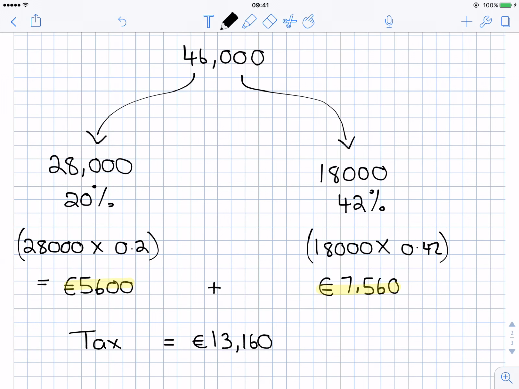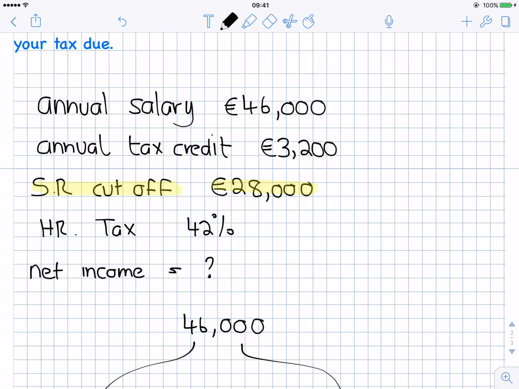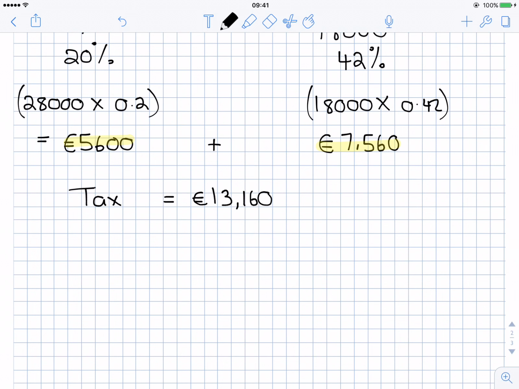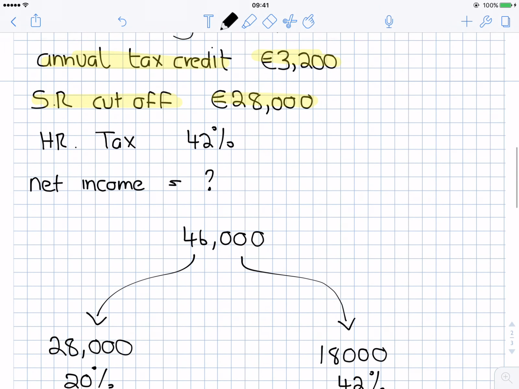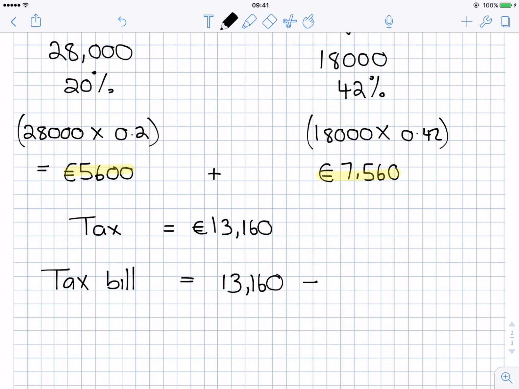But do you remember that she had a tax credit? She had this credit here. So you can think of this as her already having paid €3,200. So if she's already paid €3,200, her actual tax bill or her tax due should be the 13,160 that we reckon she owes minus 3,200, the amount she's already paid.